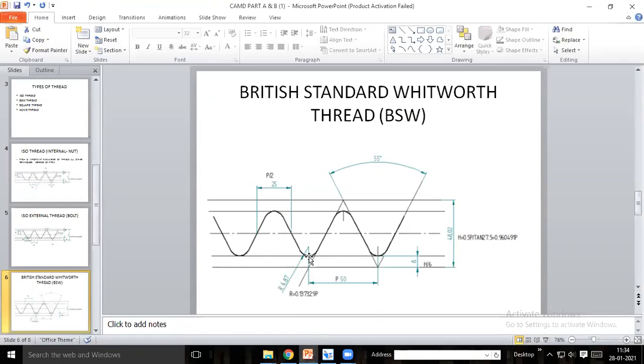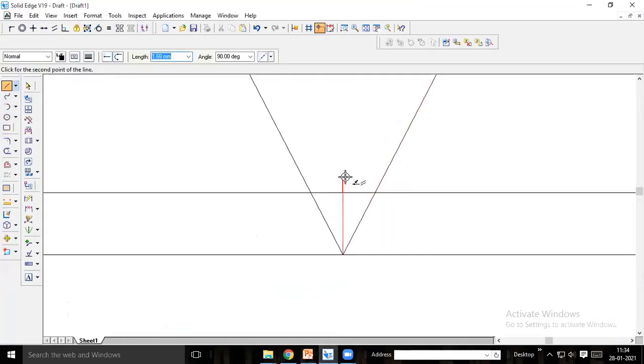This is the crest line. From this crest line, you have to take a vertical length of 6.87, because the circular profile comes here, not at this imaginary crest point. So here you take 6.87 length at 90.